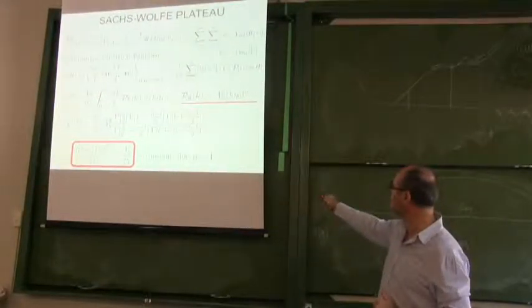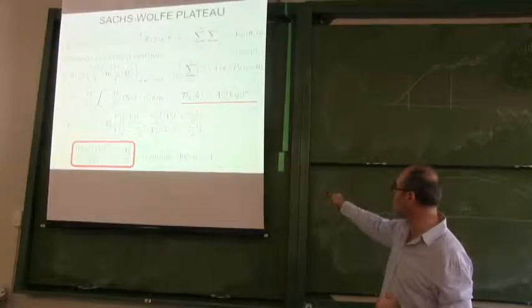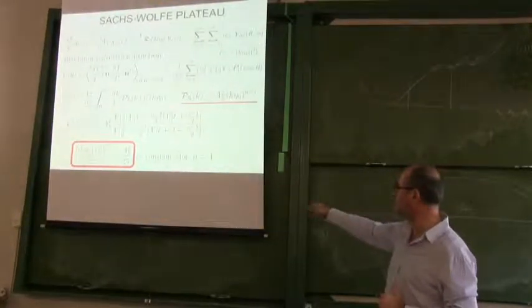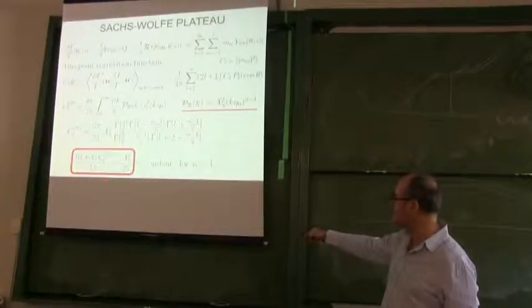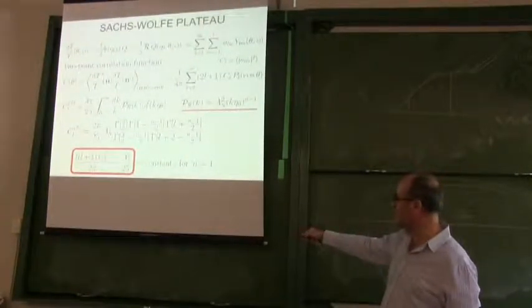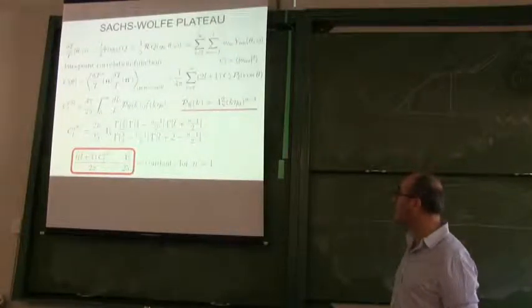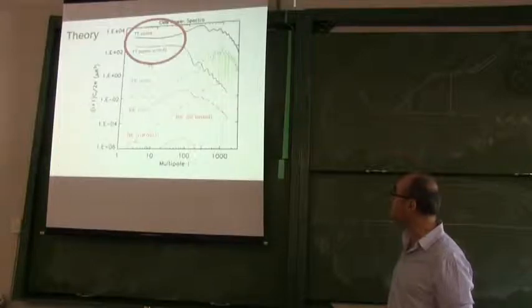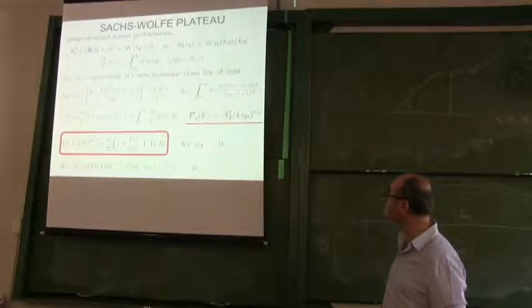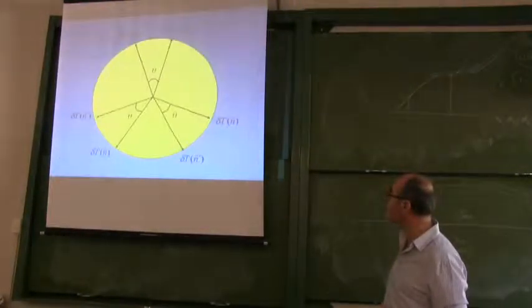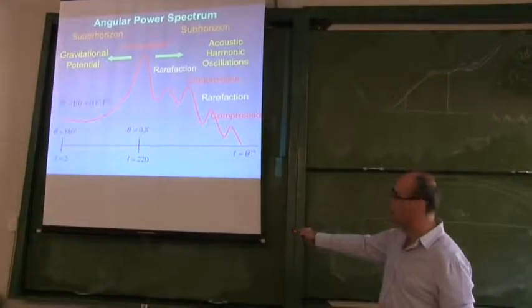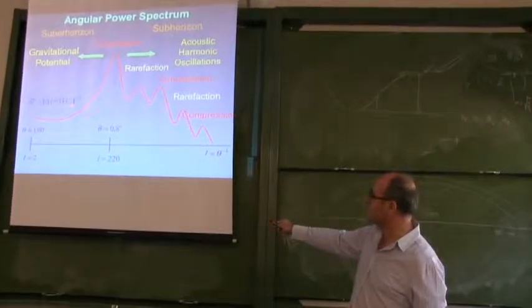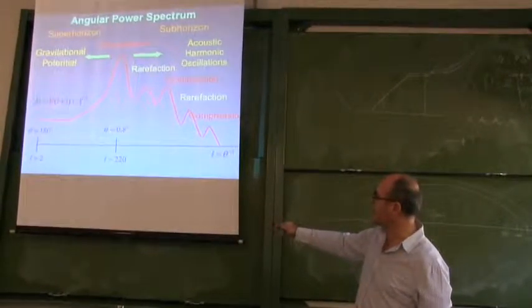So if we do this integral for an amplitude and a tilt which is constant, then there's an exact expression. For n very close to 1, which is what we measure, we get that C_L L(L+1) is approximately constant. And this is the reason why all the features that you see here are drawn in an amplitude of the C_Ls times L(L+1).